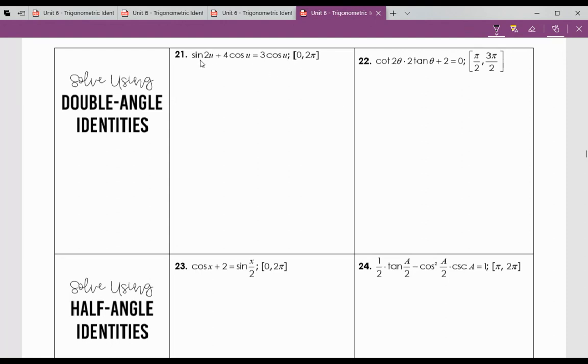All right, so here I have sine 2u plus cosine u equals 3 cosine u. So first, I'm going to move the cosine u to the other side. So that would just be cosine u equals 0, because 4 minus 3 is just 1. Now, I do not want this in here if I can avoid it.